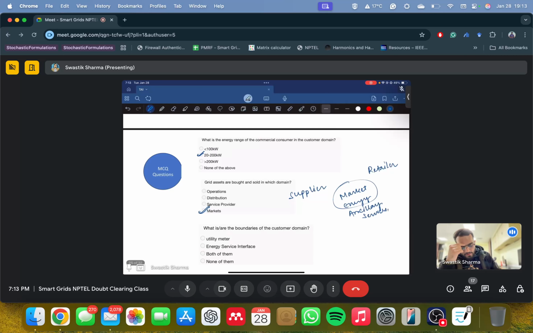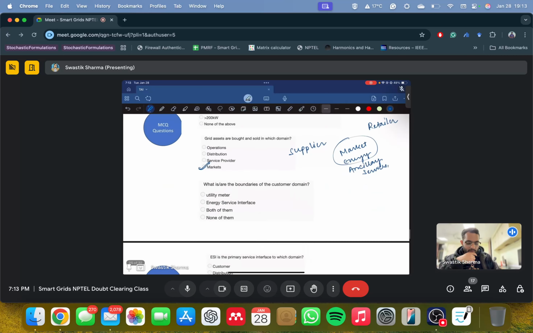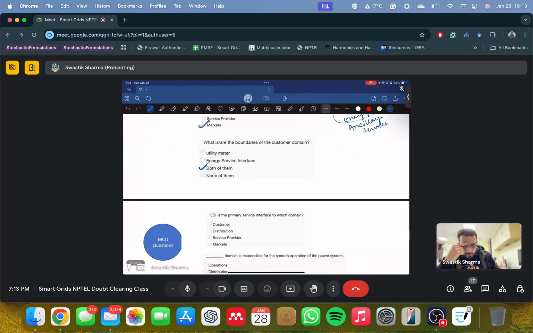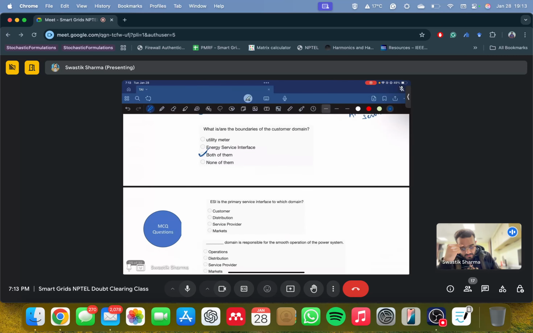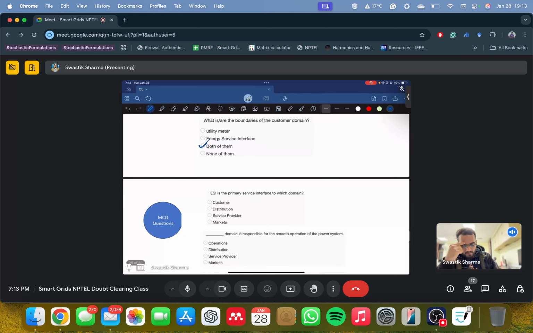So which is or are the boundaries of the customer domain? Both of them. So ESI is the primary service interface to which domain? Customer domain.